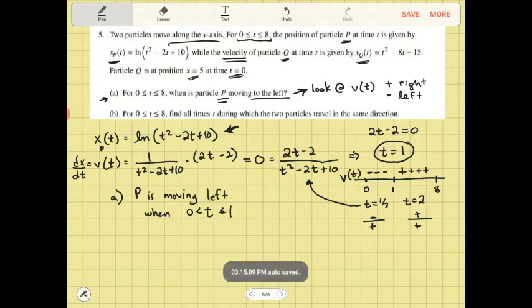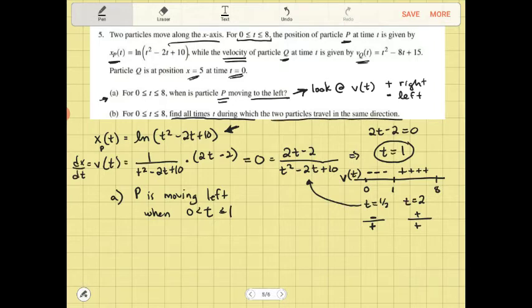And there are 2 more questions on the next page. So let's see. Now they want us to find all the times when the 2 particles travel in the same direction between t equals 0 and 8. So what we need to do is we need to look at the velocity of particle Q, and figure out when it's positive and negative.